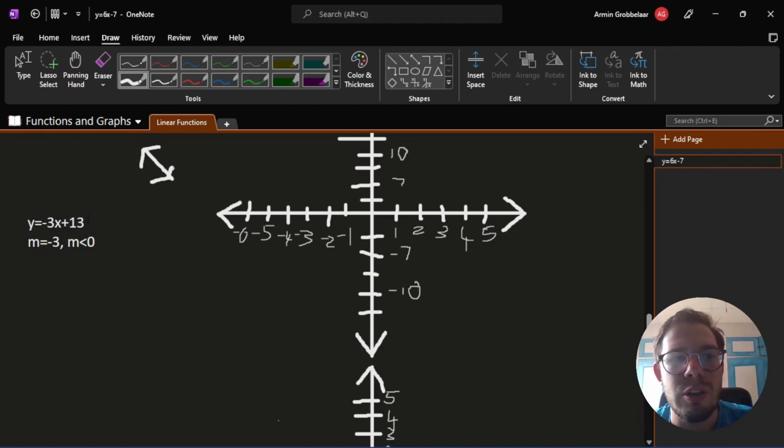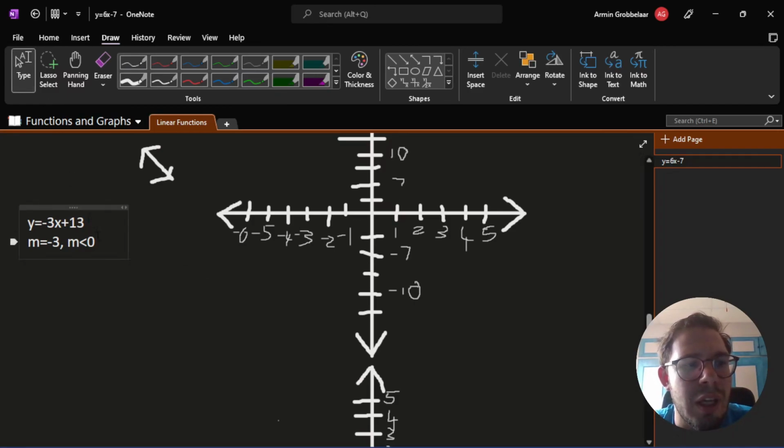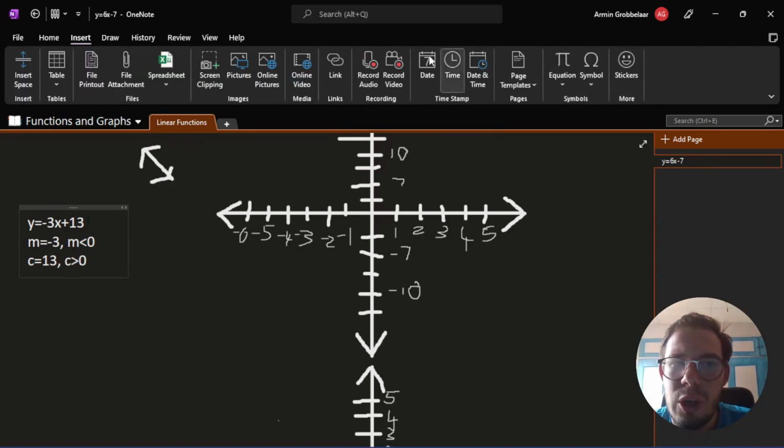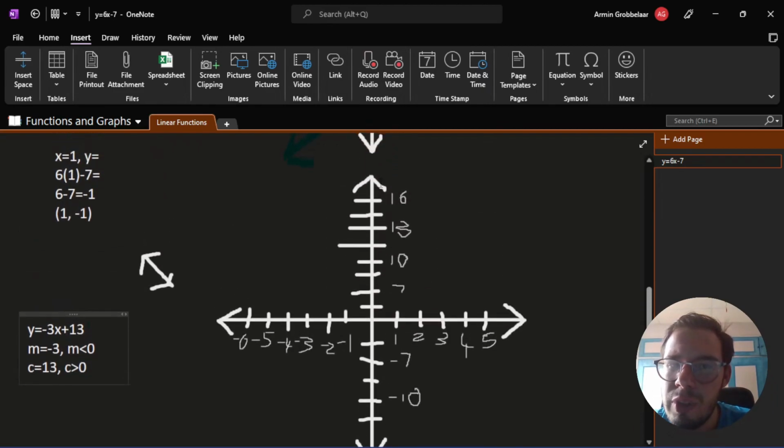So it's going to go from the top left to the bottom right. And then we can also see here that c is equal to 13. So c is greater than 0. So we know that the linear function is going to cut the y-axis on the top here.